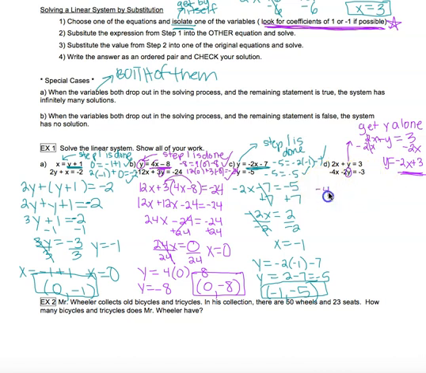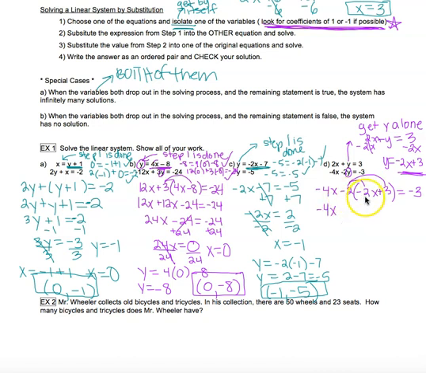So negative 4x minus 2 times, instead of y, I'm putting in negative 2x plus 3. And then that should equal negative 3. So now I need to solve. So I've got some distribution to do here. Bring down the negative 4x.